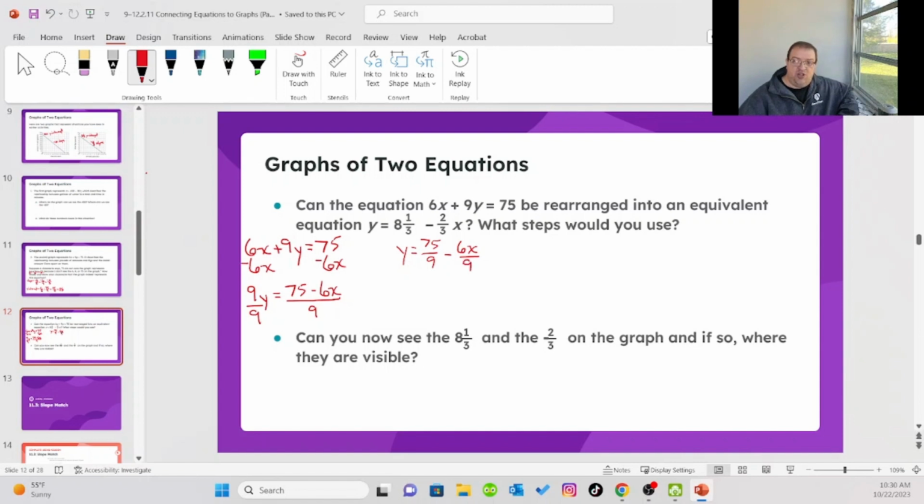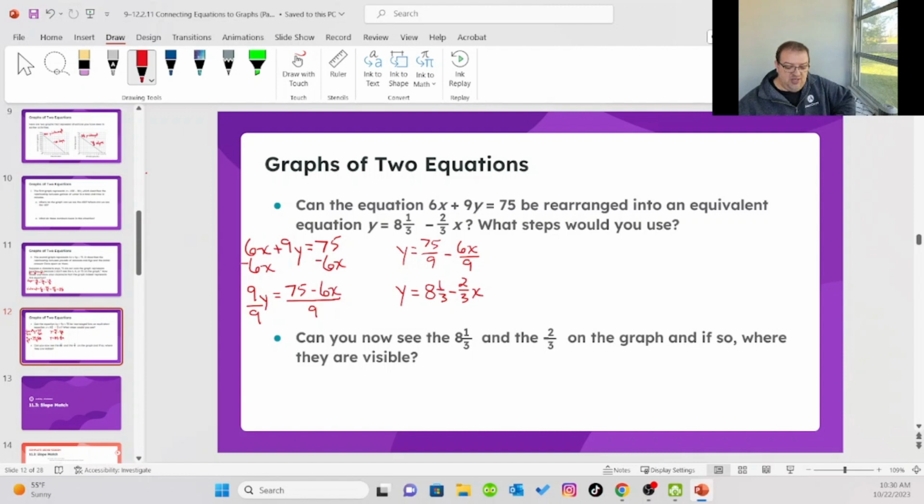And we just showed in the previous slide that 75 divided by 9 is 8 1/3, and negative 6x divided by 9 is negative 2/3 x. So now we can see these two are equivalent equations.